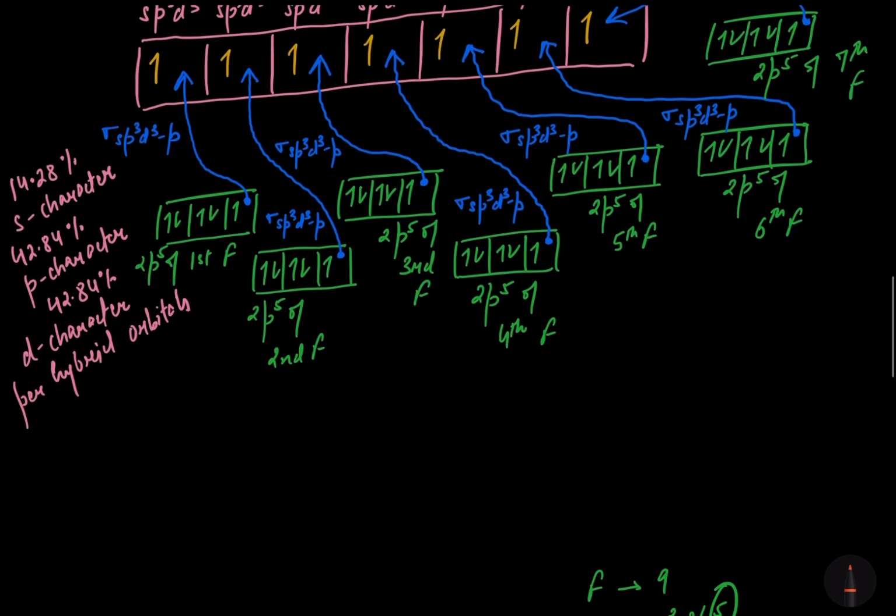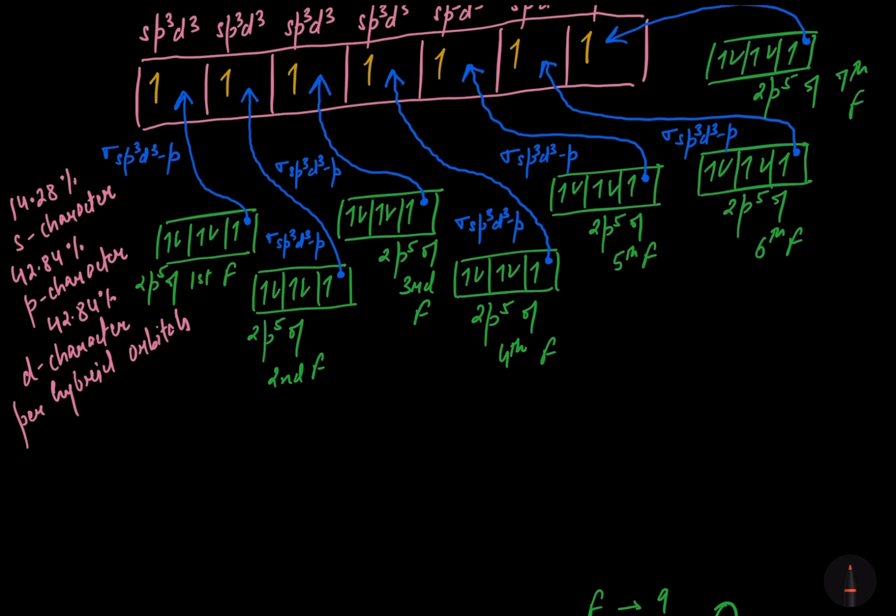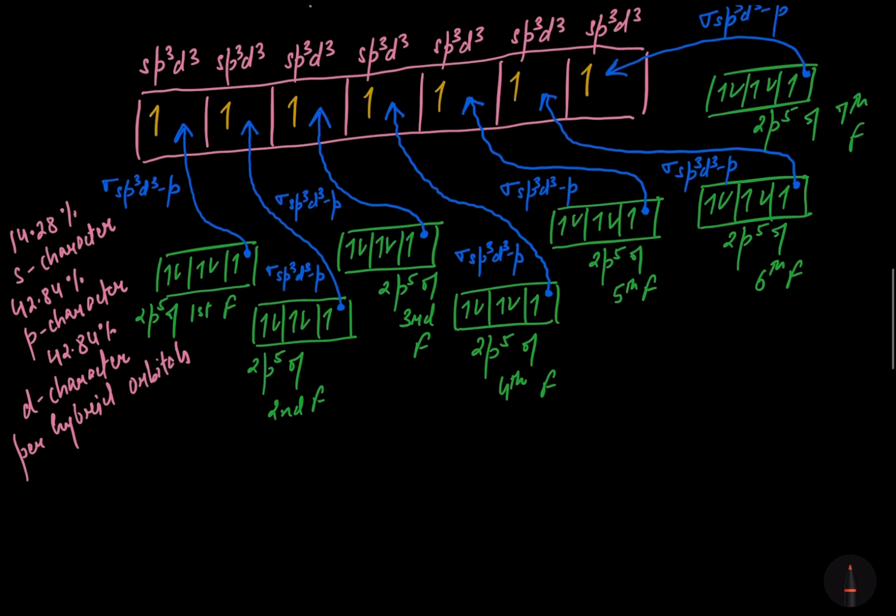Now here we will have one exothermic process, which is the energy released during the formation of 7 new sigma bonds.